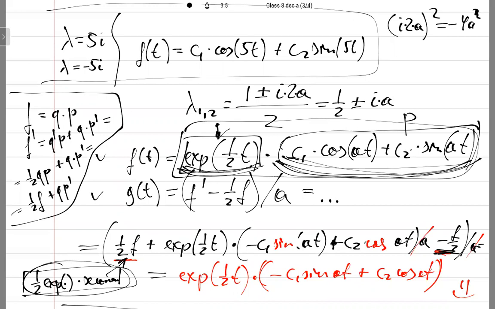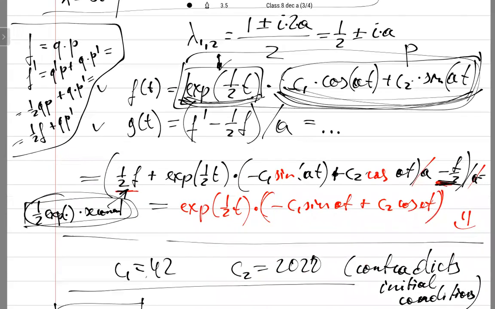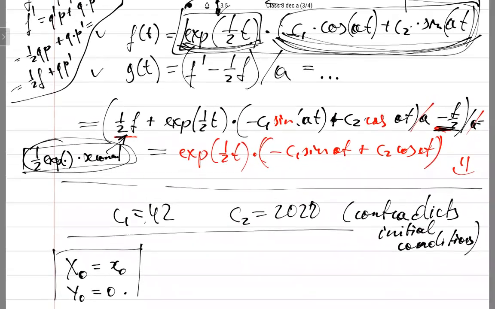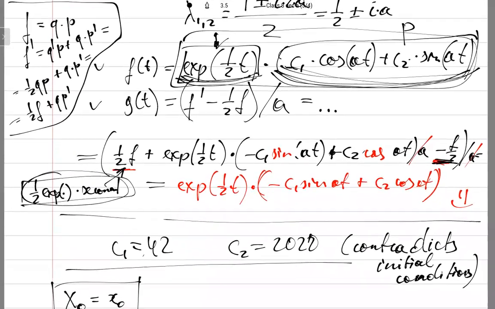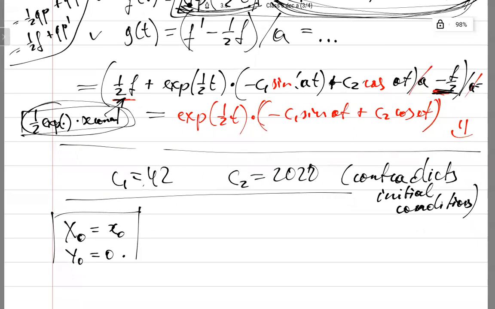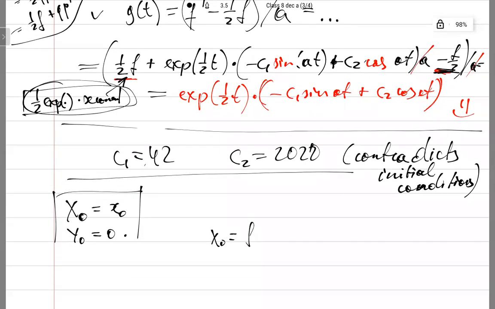Okay? Yes. So let's work with initial conditions. x0. So our x0 is f0 times cosine of w0. So it's just f0.